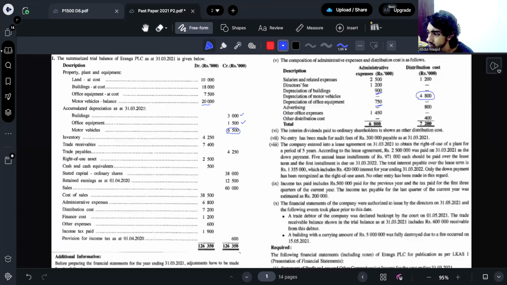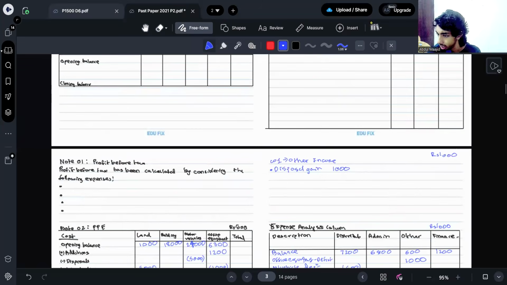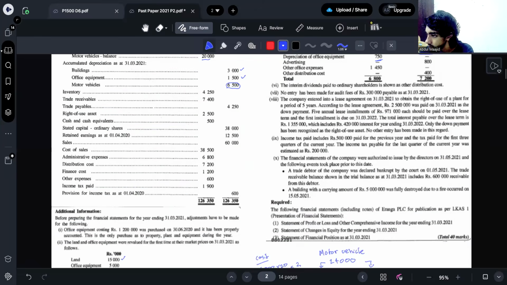Then next, they have given the components of administration and distribution expense. What you can do is take this and record it in your note number 1. Director 3,200. You can say the full value. Director 1,200,000.